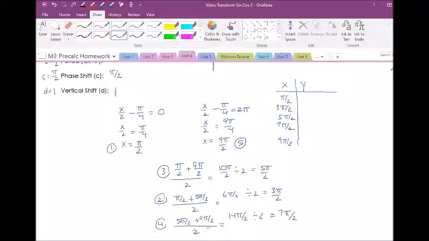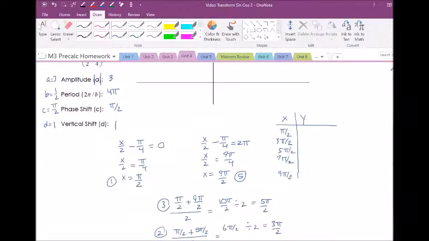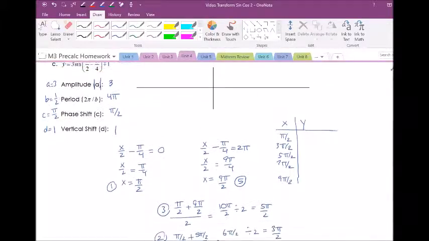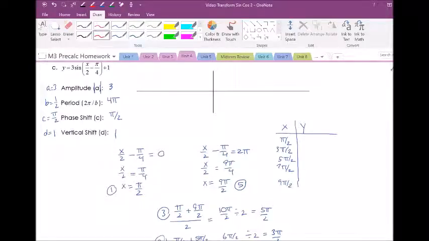Now to get my y values, I'm going to make use of my midline, my maximum, and my minimum, which I'll always graph first anyway. So my midline occurs at y equals d. So I know here that the midline is going to happen at y equals 1. So I'll make myself a dotted line at y equals 1.